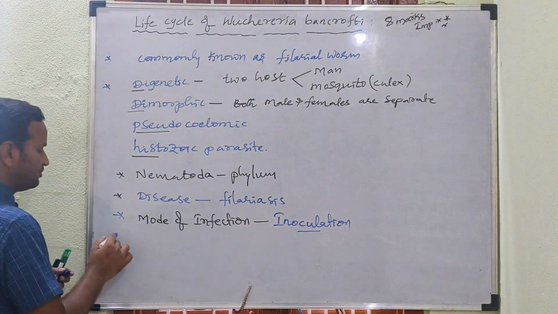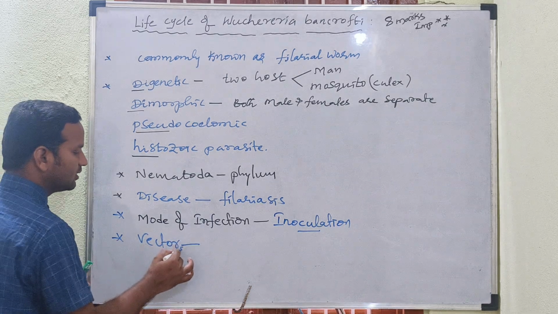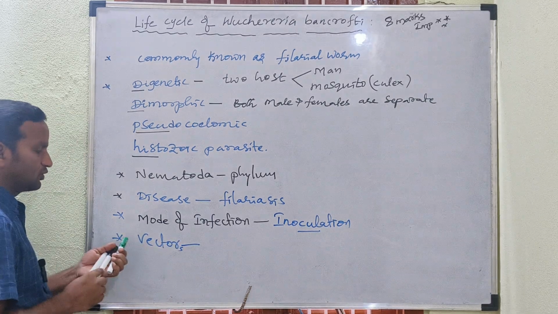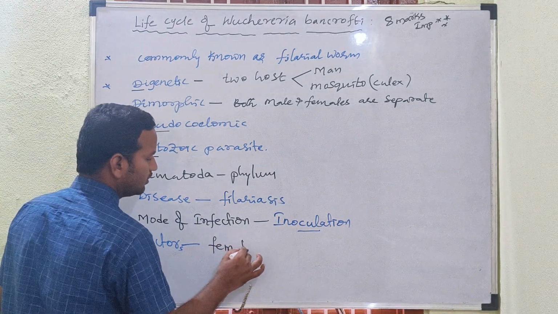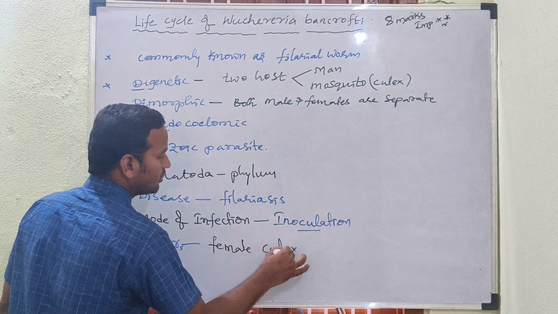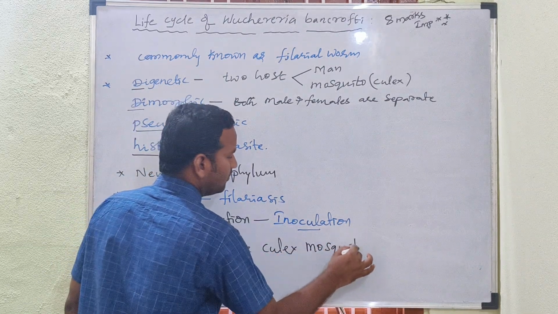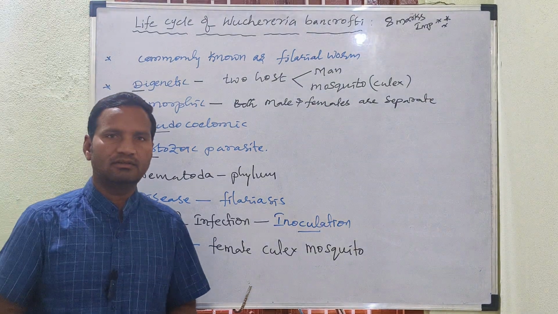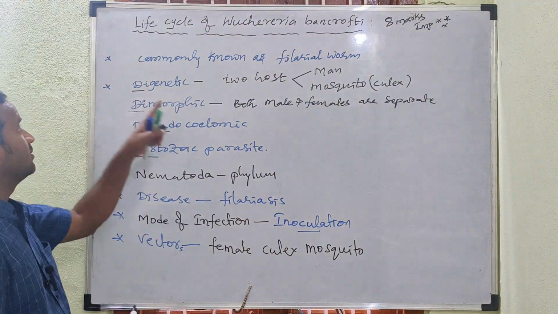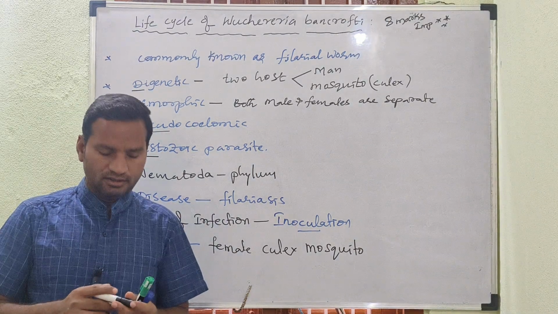The next one is vectors. What are the vectors for this disease? Mosquitoes, especially the female Culex mosquito, is a vector, also commonly known as a biological vector. This is the introduction of Wuchereria bancrofti.